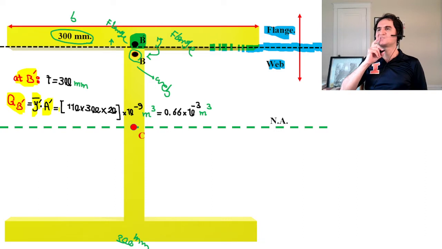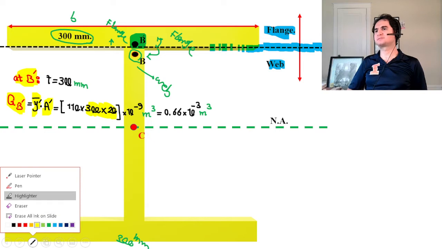So how does that go? That's 110 times 300 times 20. Just assume it like this.